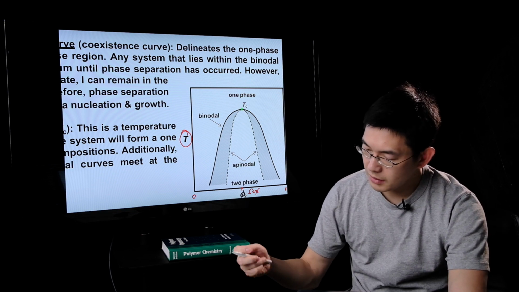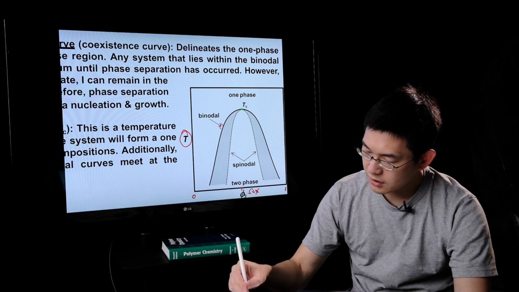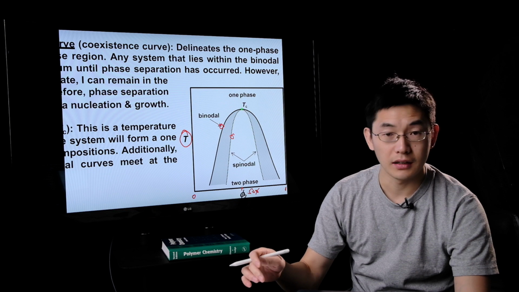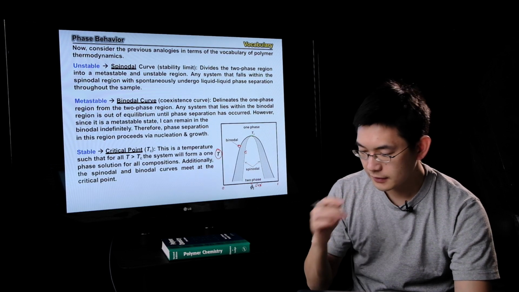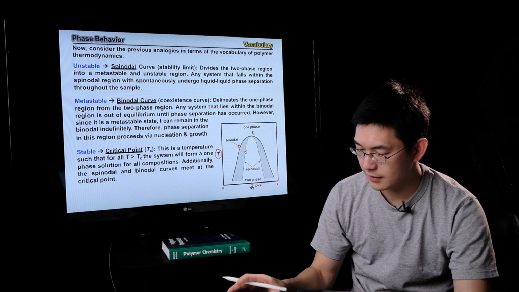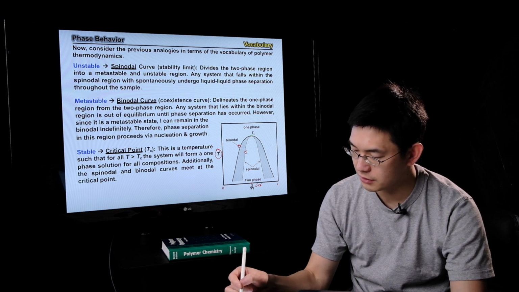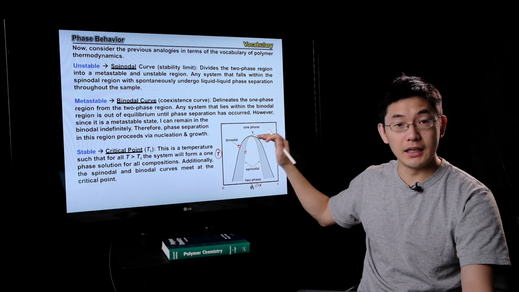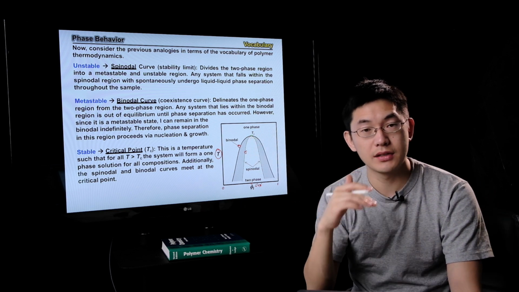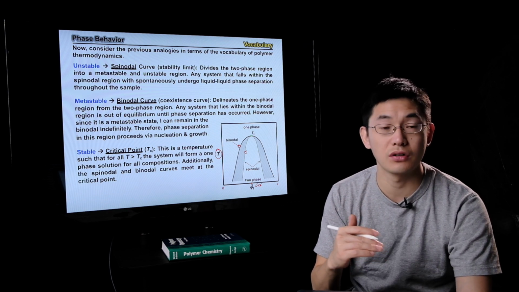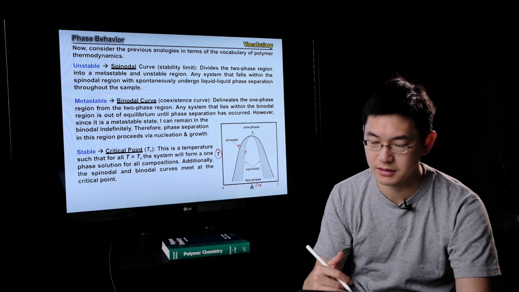We will talk more about what defines the binodal line and what defines the spinodal line, likely in the next lecture. And there's one more point, a stable state, and there is a critical temperature we call TC, which is on the top of this curve. If we meet TC, that's a critical temperature above which your system will always dissolve into a stable one phase.